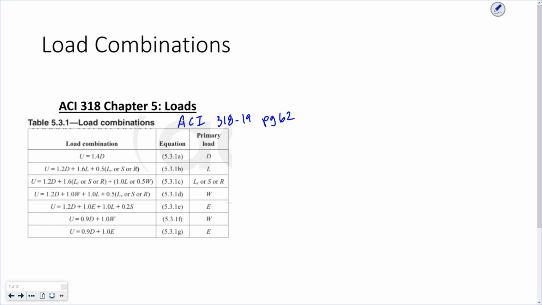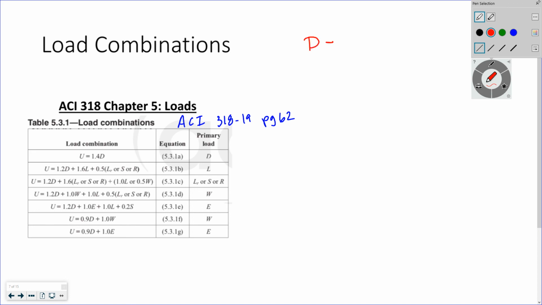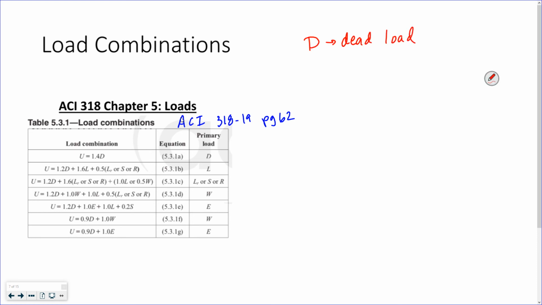And just as a refresher, we'll write down what these are. Right, D is our dead load. That's everything that's permanent, such as the weight of your building itself. So once you design a building, you have to calculate how much it weighs and include that in your model, in your analysis, to determine your factored loads.